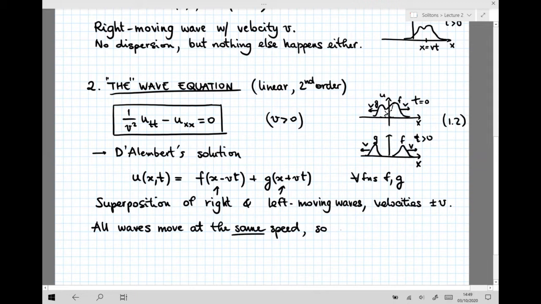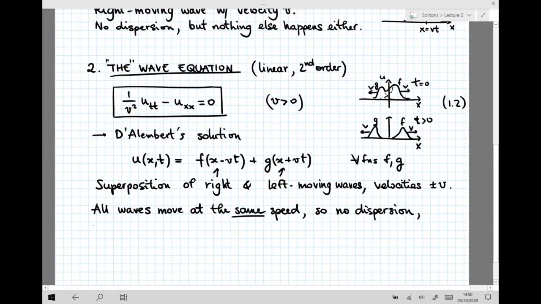And this will mean there is no dispersion. But at the same time, there is no interaction either. The two components separately do not disperse and do not interact at all. So from our point of view, this is also not very interesting.